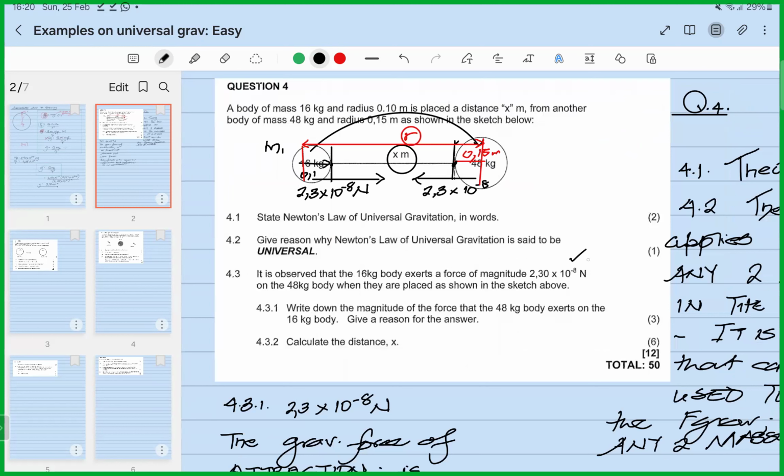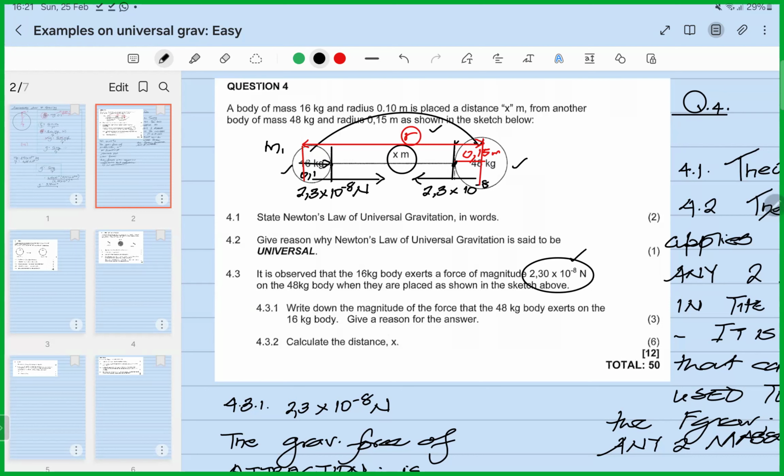Remember, they've given us the gravitational force. They've given us mass 1. They've given us mass 2. What should I find? Find R.